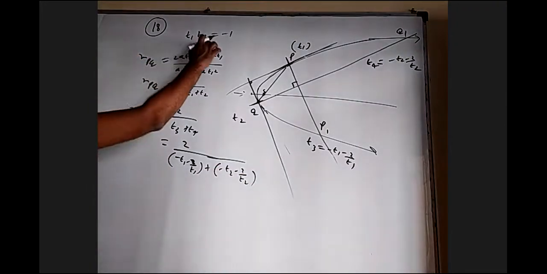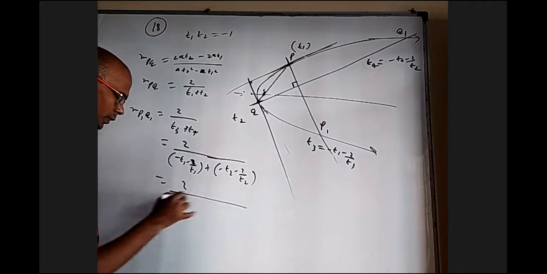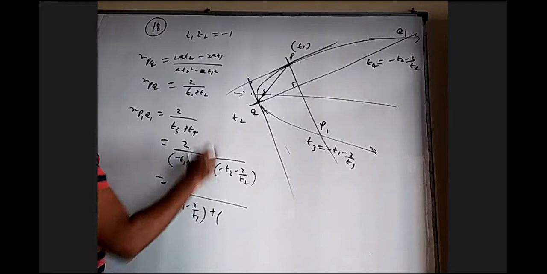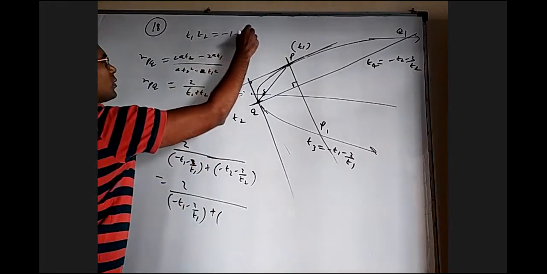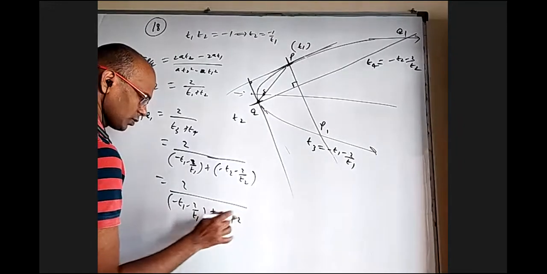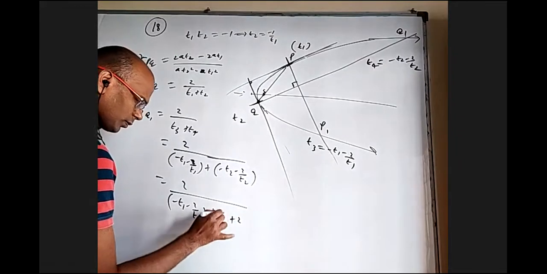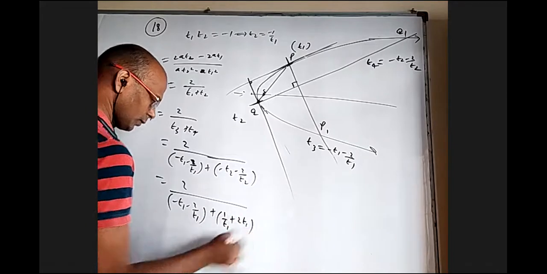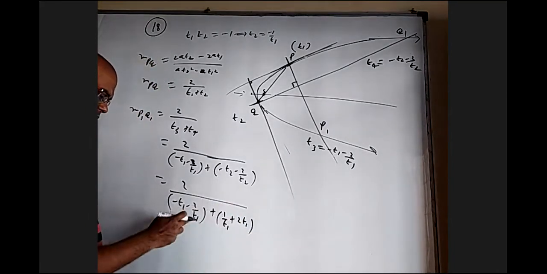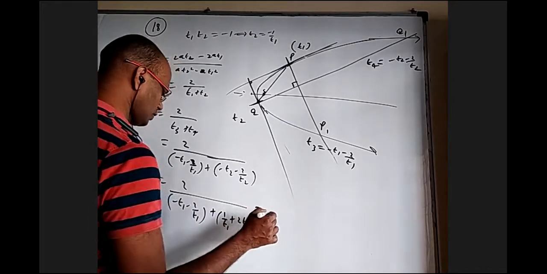And I want to use this now. So -T1 - 2/T1. In the place of T2, if I write -1/T1, this will become 1/T1 + 2T1. So this is T1, this is -1/T1.